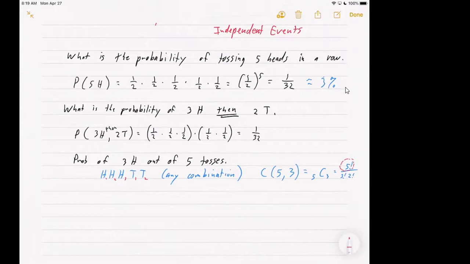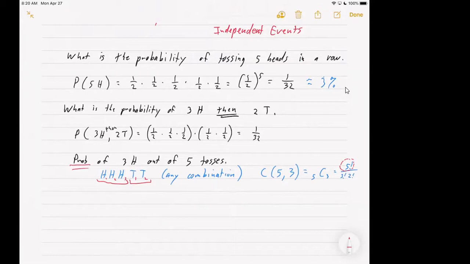But if we get rid of the subscript, we have to divide out the 6 different ways that those heads could be arranged and the 2 different ways that the tails could be arranged, and divide those out of the distinct possibilities, and hence the combination works nicely. So that would be the number of ways we could get 3 heads out of 5 tosses, but we want the probability of that happening.